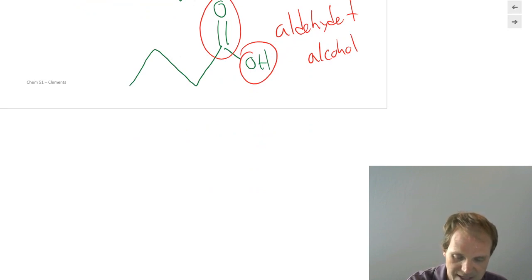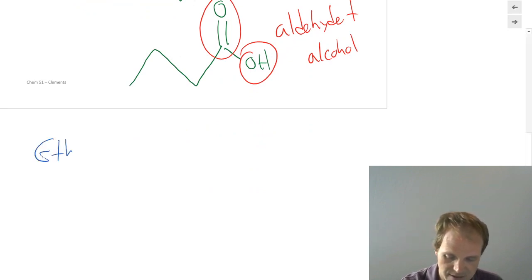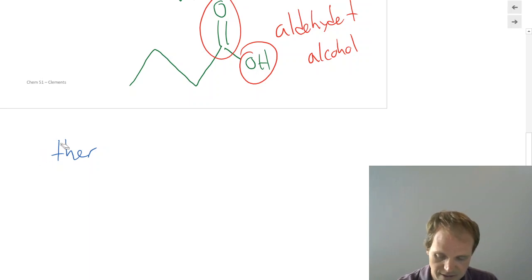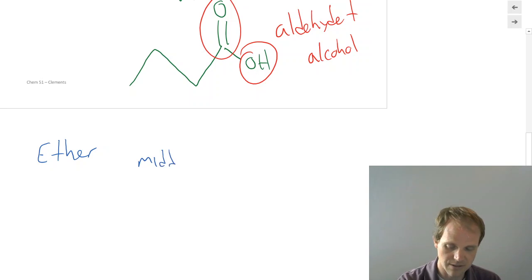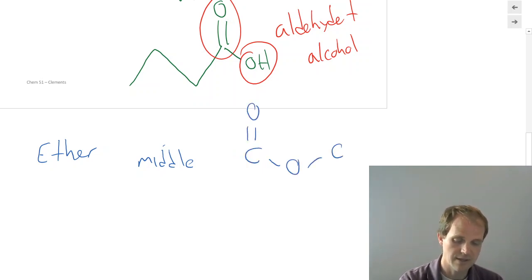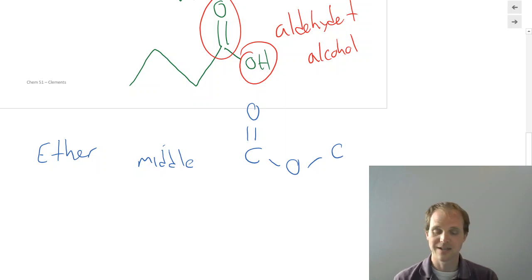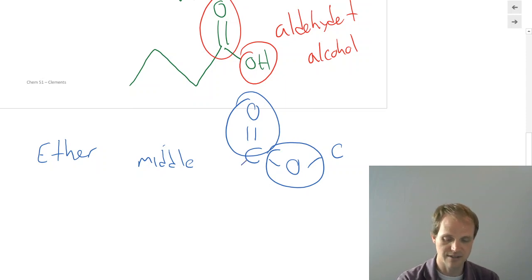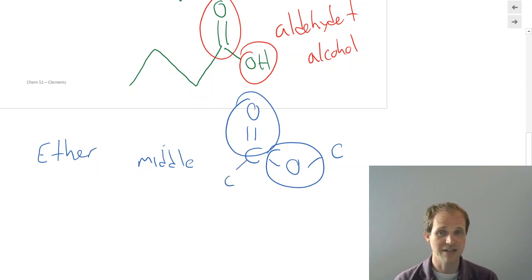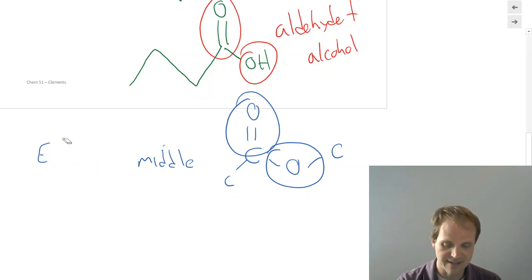And then if you want to guess what an ester is, that doesn't look like an E there. There you go. Well, so it's a middle C double bond O, but then, let me actually reorient this, C double bond O which has an O and a C. So yes, it looks an awful lot like an ether and a ketone, but as soon as you put an ether and a ketone together, it is not an ether and a ketone, it is an ester.